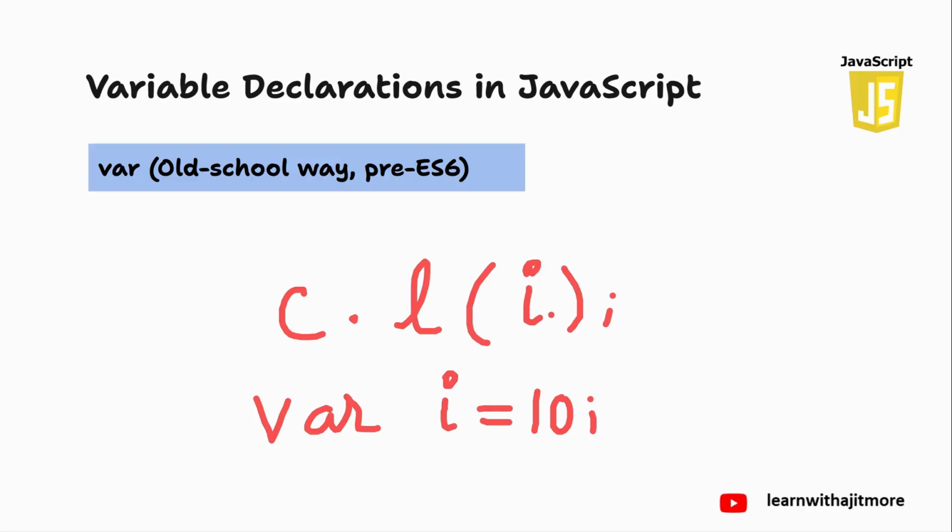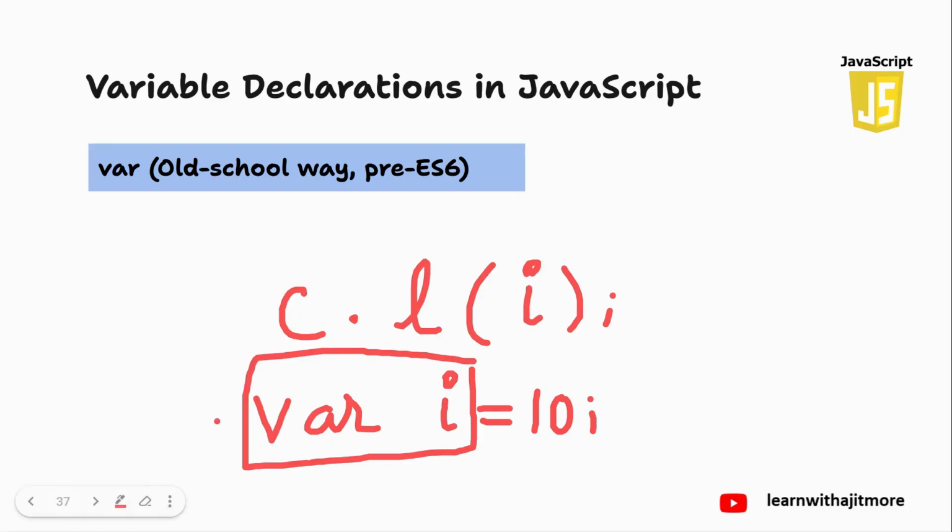Which variables you're using first and declaring later. It will shift only the declaration, not the initialization, to the beginning of the scope. That is called hoisting. So you have used first, declared later. Now the script is about to execute. Before the script execution starts, your JavaScript engine will just move these declarations to the beginning of the scope.